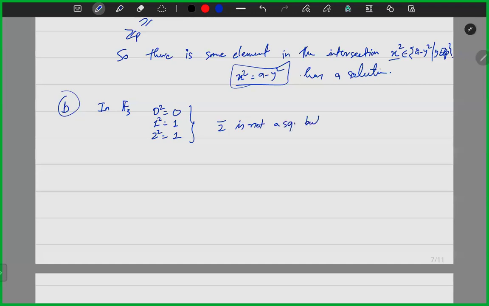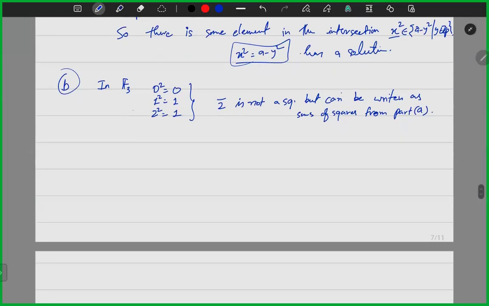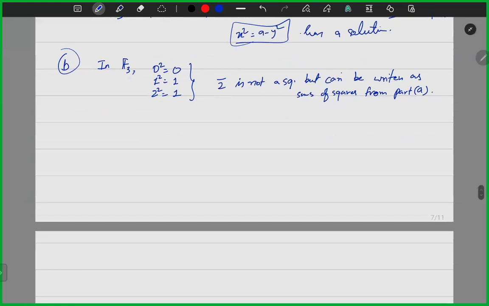but can be written as sums of squares from part A. So, of course, prime p should not be equal to 3.